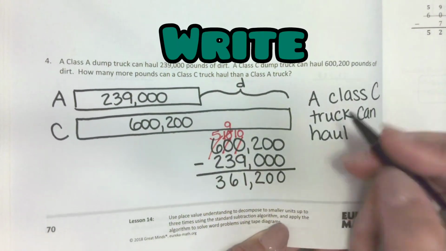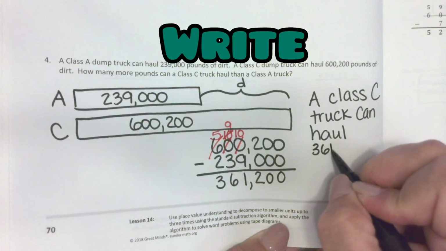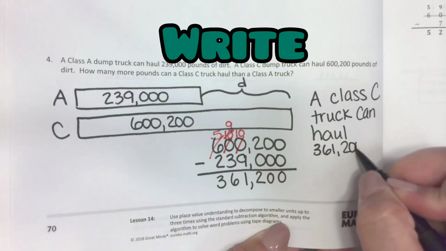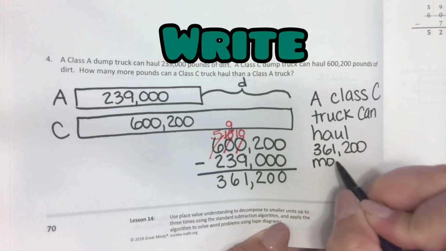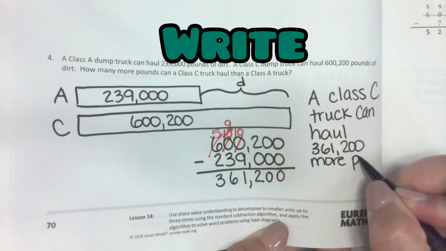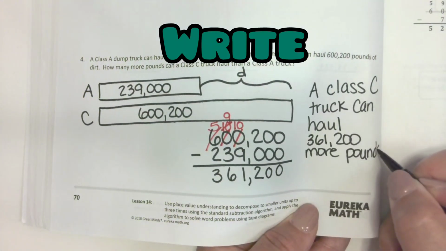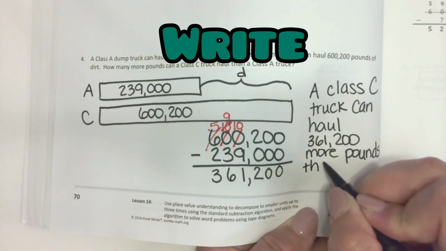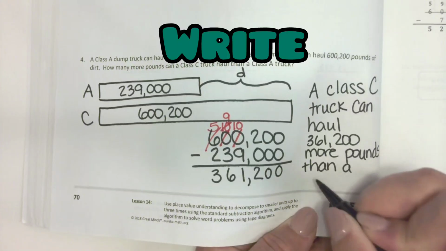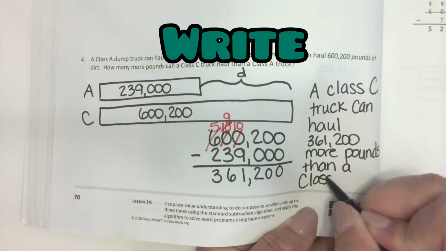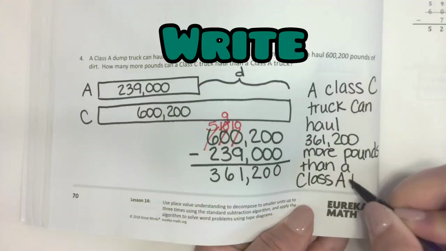Here's our answer. 361,200 more pounds than a Class A truck.